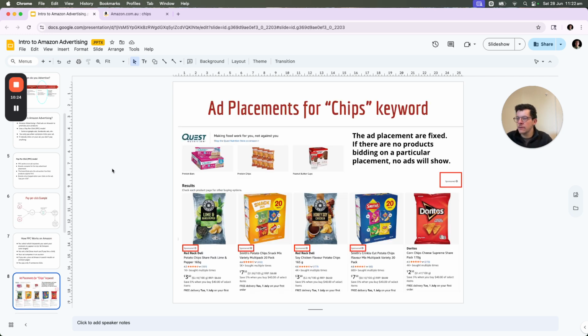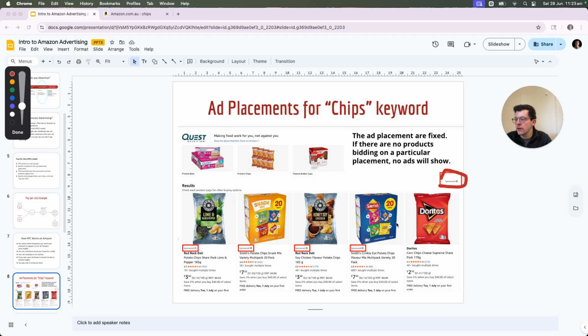So here's an example of a keyword, chips. I've searched chips in the Amazon search box, and multiple different ads have come up. You can tell that it is an ad because the note "Sponsored" in the red box appears.